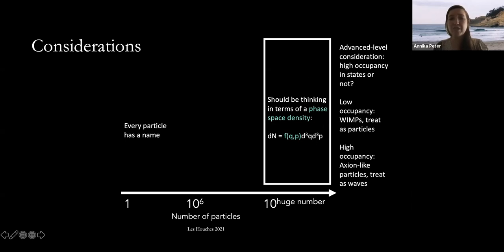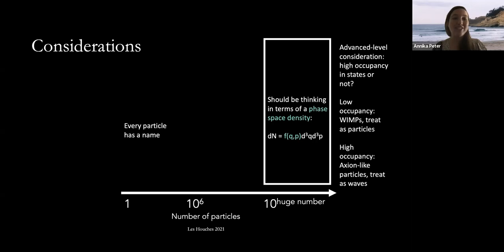But the huge particle number range is typical for dark matter applications, which given the title of the conference, I'm assuming is what most of you care about most. The next level of consideration is whether, when you're looking at the available states for your particles, there's very low occupancy or very high occupancy of those states. If you have very low occupancy of states, it really makes sense to talk about dark matter or your other particles as particles.